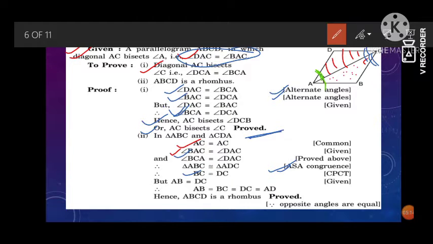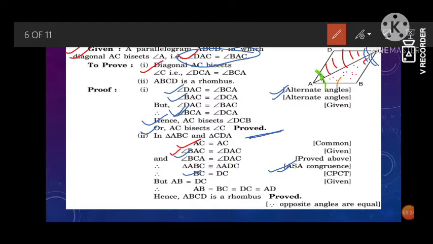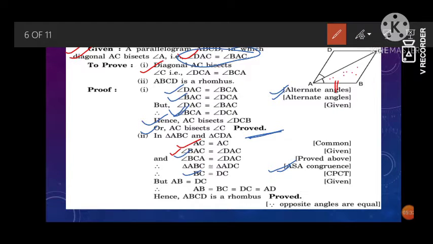Since BC is equal to DC and ABCD is a parallelogram, we can say AB is equal to CD and AD is equal to BC. This is given from the parallelogram property: opposite sides are equal.